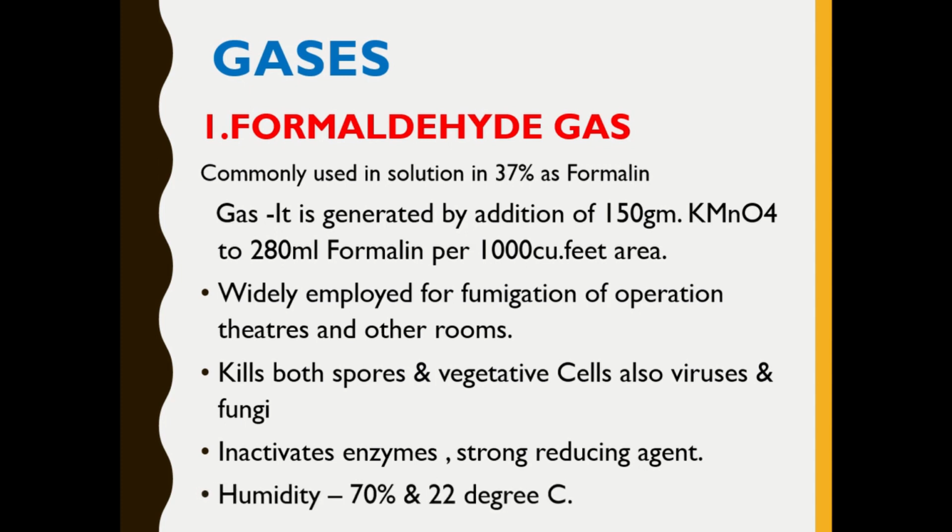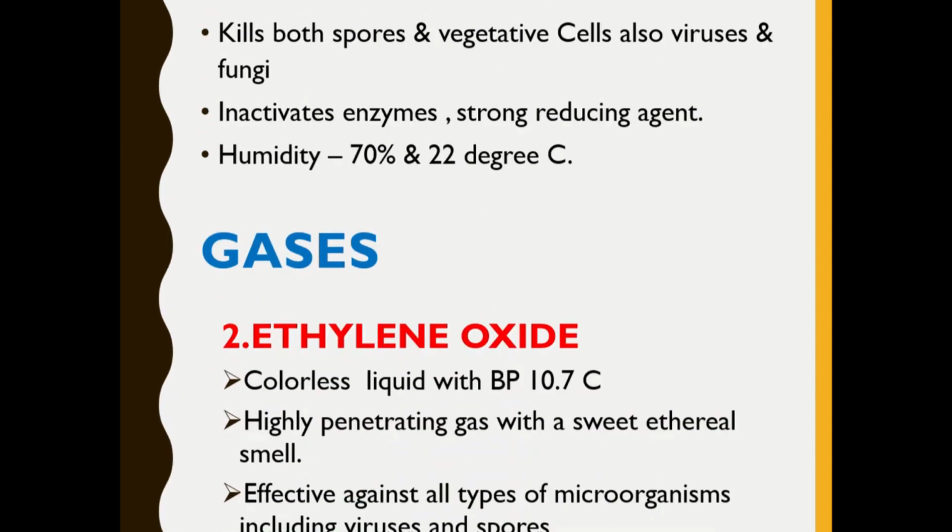It requires conditions like humidity of 70% and 22 degrees centigrade. So this is the most important point. For the action of the formaldehyde, you need 70% humidity, and the optimum temperature required is 22 degrees centigrade. Then it will act as a very powerful sterilizing agent.